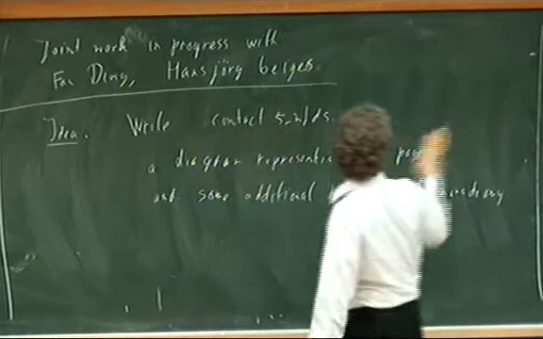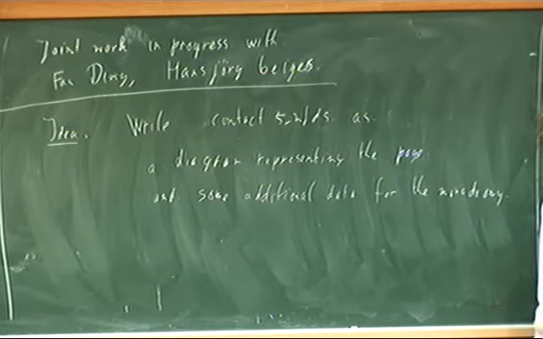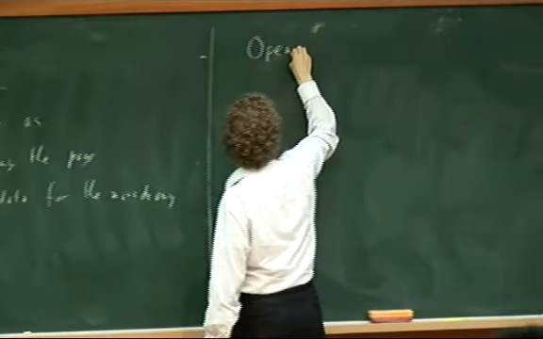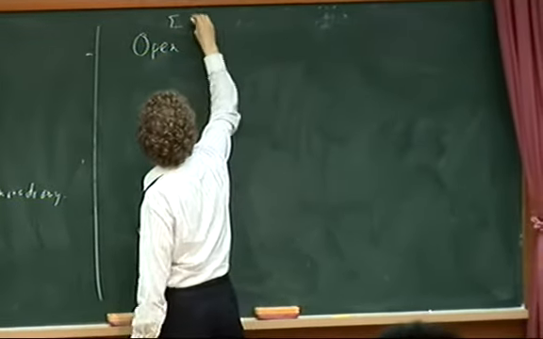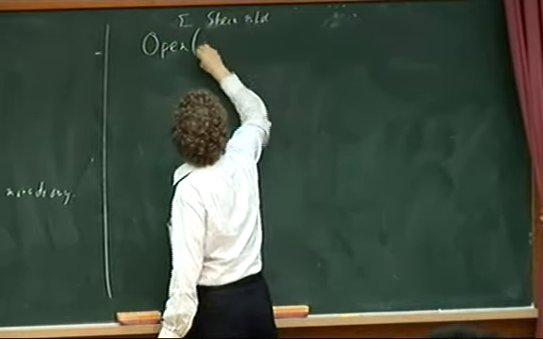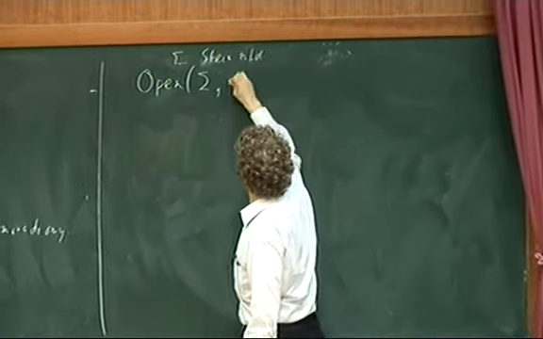Okay, so what do we do there? Let me just give some motivation by a very simple example. First we start with a very general observation. We start with an open book. Let Σ be any Stein manifold, and we look at the open book with page Σ and monodromy the identity.